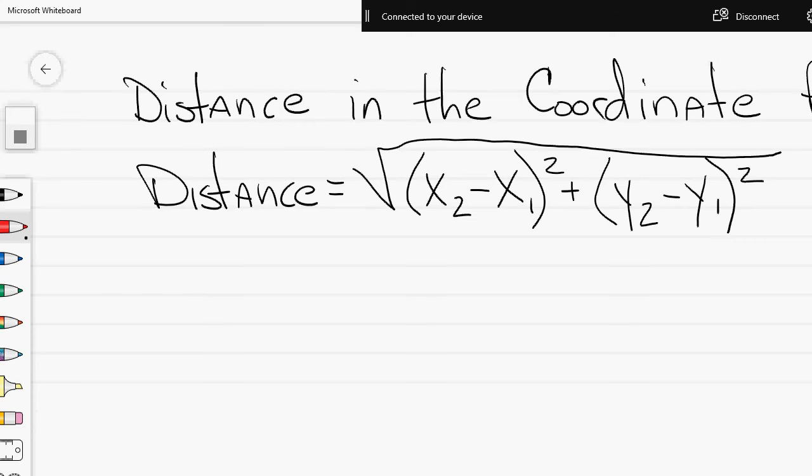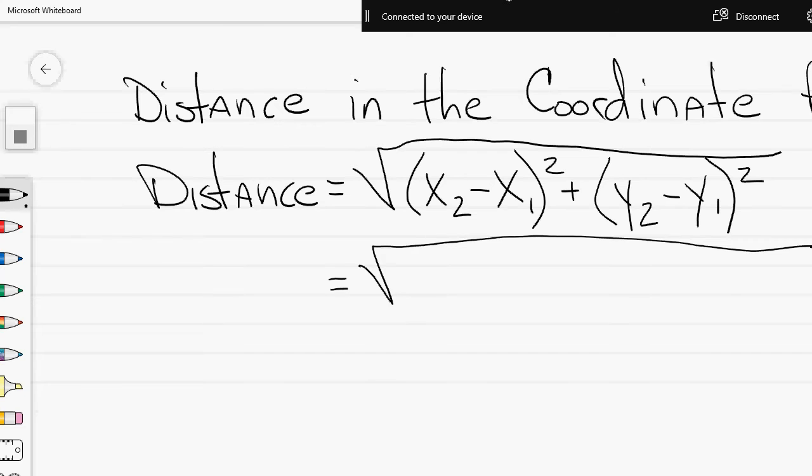If you will take the time to label the points, you'll eliminate making errors when you put the values into the formula. All right? So here's what your next step would look like. Once you've labeled the points, you can go back to your distance formula and you just substitute.